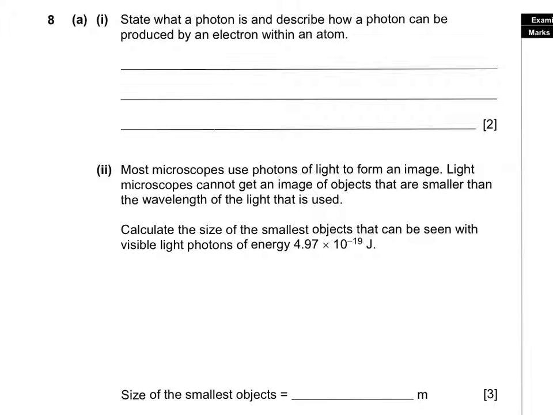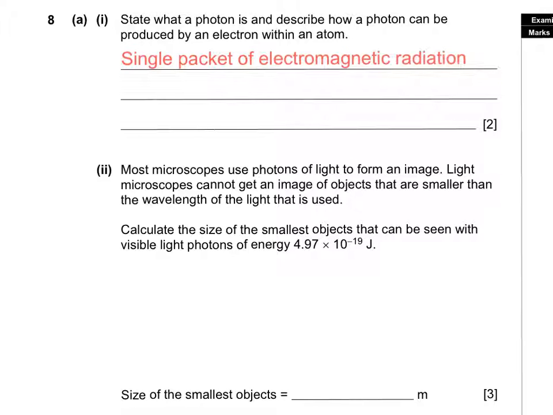Question 8a, part 1. State what a photon is and describe how a photon can be produced by an electron within an atom. The photon is the single unit of the electromagnetic radiation that we encounter. We find that it comes in individual little bundles of energy, and we call those individual units photons.